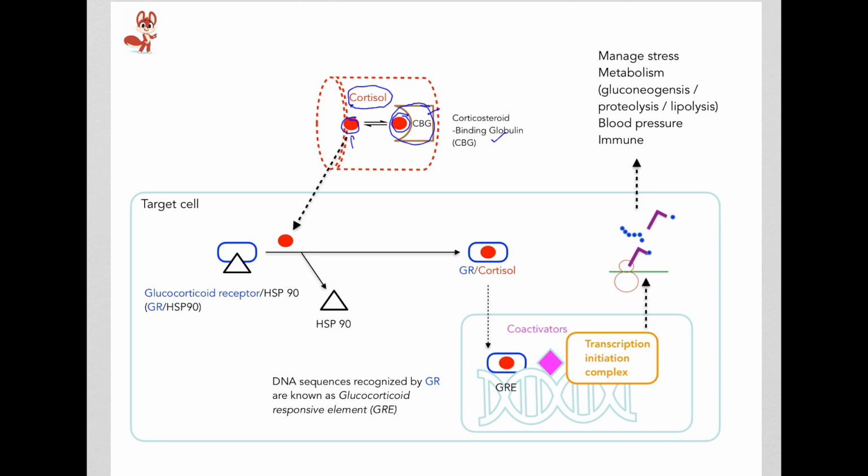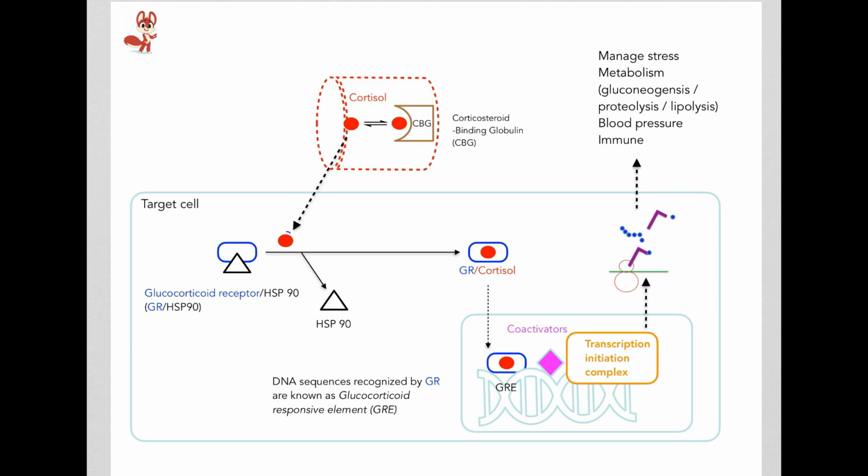That's going to be the free form or the unbound form. So cortisol from the bloodstream will diffuse out of the blood vessels and enter a cell. If there is a receptor present for cortisol, then the cortisol will bind to the receptor. Otherwise, it will simply come out.